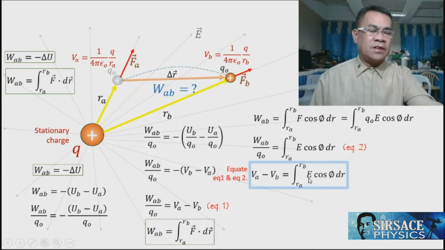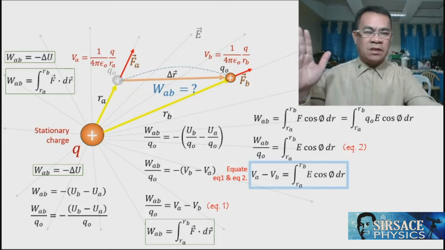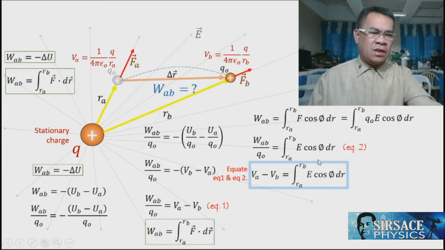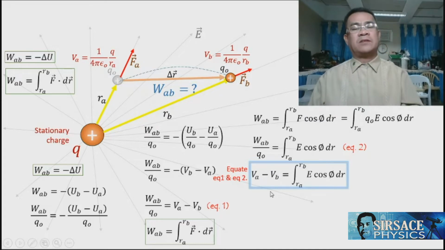We studied how to provide the electric field for different charges, no? In a point charge, in continuous charges, we calculated the electric field. So we will use it today. We will substitute in the electric field, then integrate, and you get the potential difference.